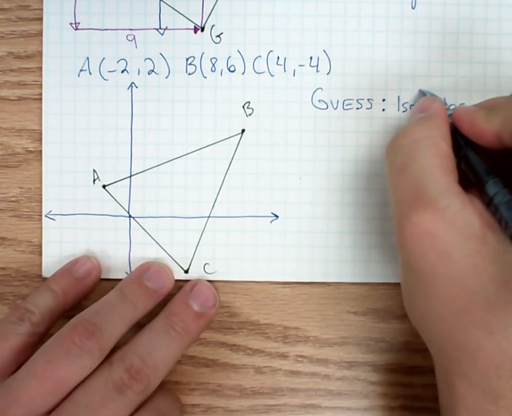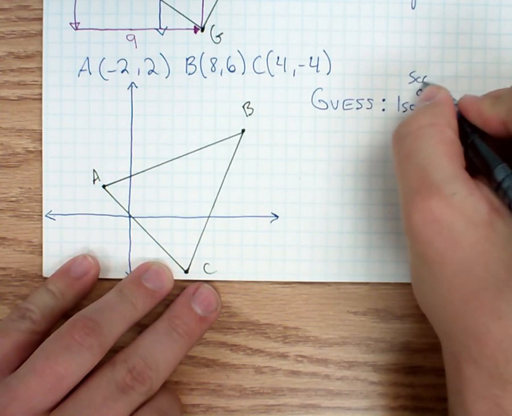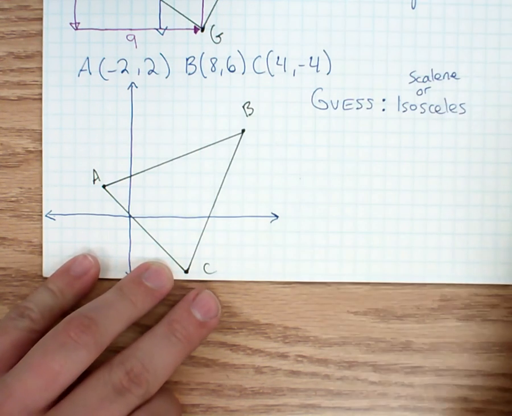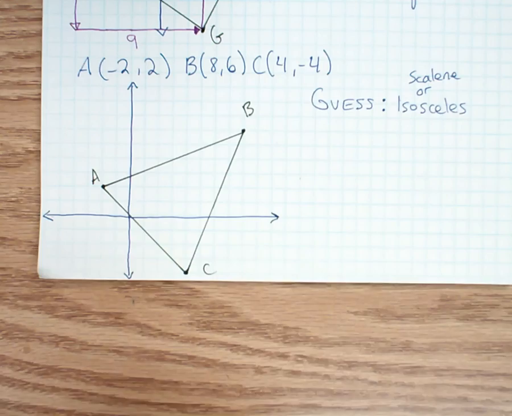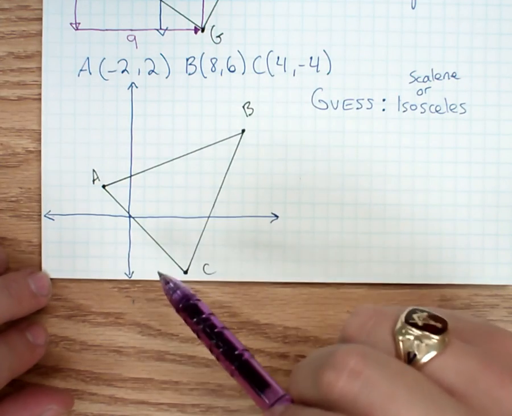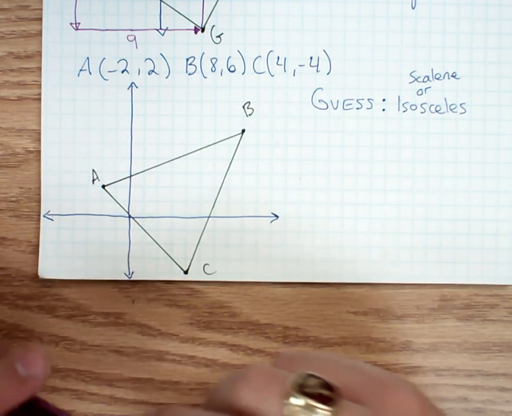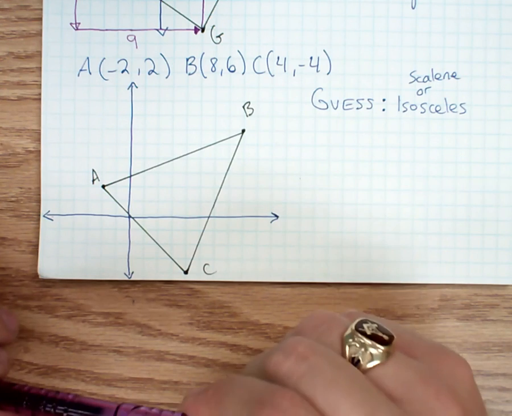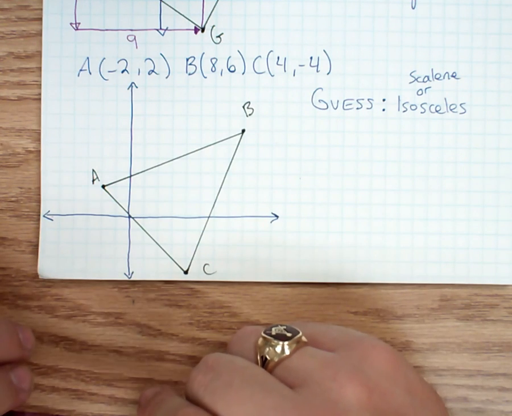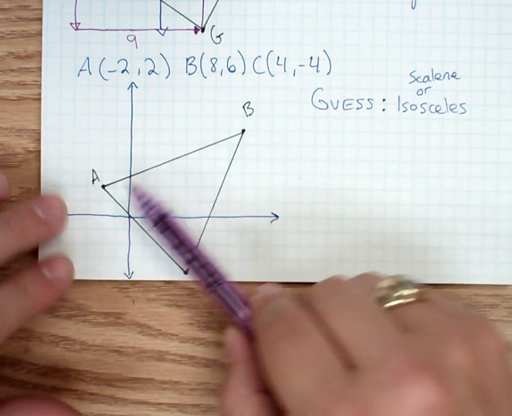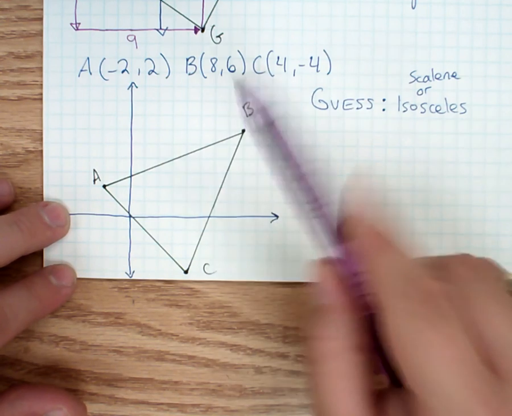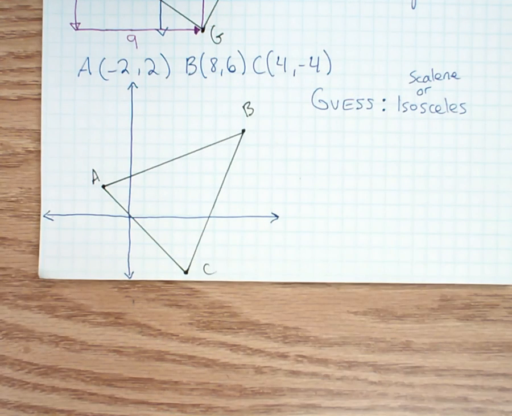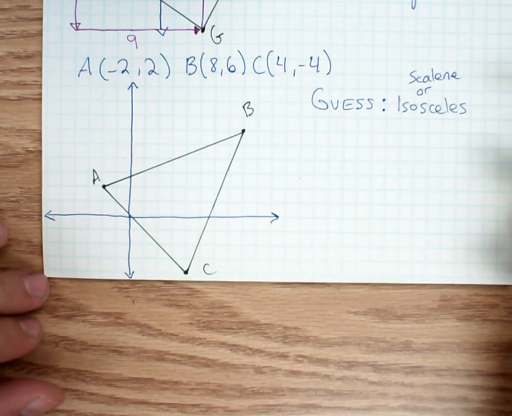So isosceles or scalene. Which two sides are relevant that we need to show are either congruent or not congruent? AB and BC. So you can do this via distance formula or Pythagorean theorem by drawing in those right triangles. Which one do you want to do?